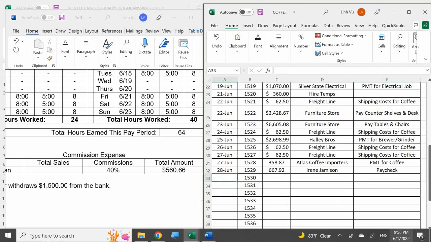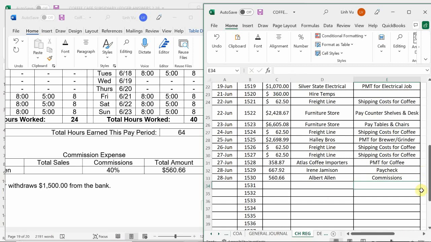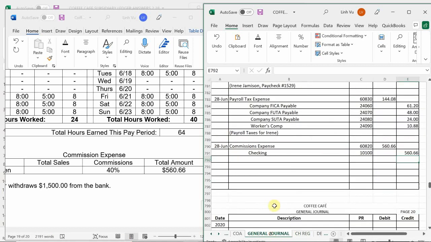All right, we're going to be issuing check number 1530 for the $560.66 to Albert Allen. Okay? And what this is, commissions. So he's earned $560.66, and you wrote him check number 1530.